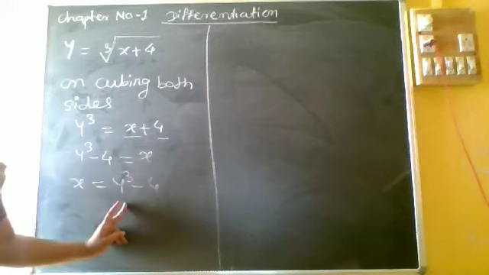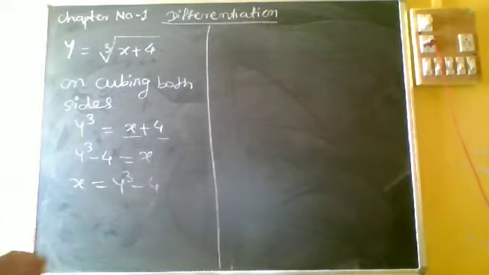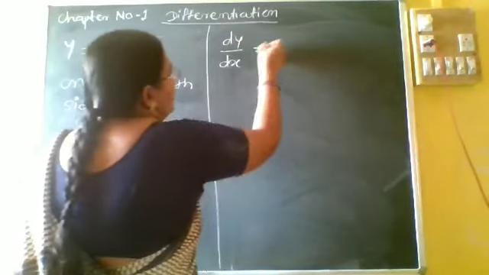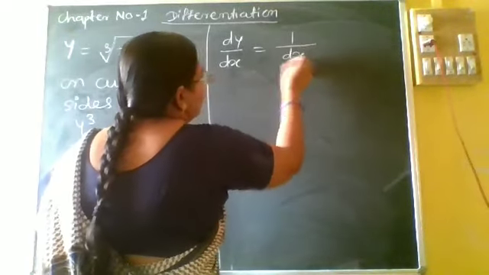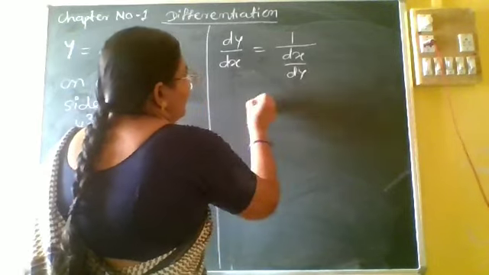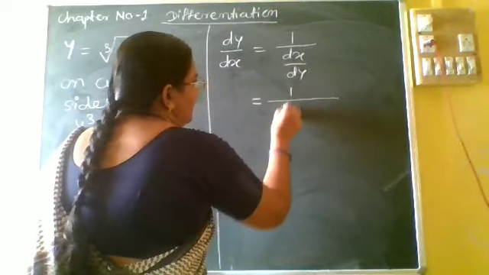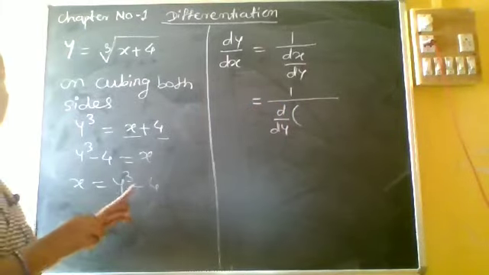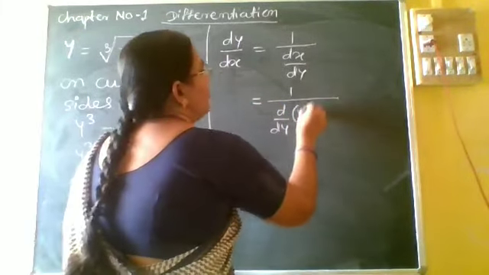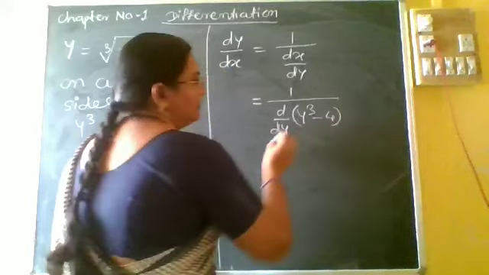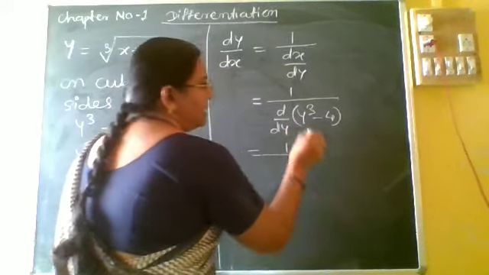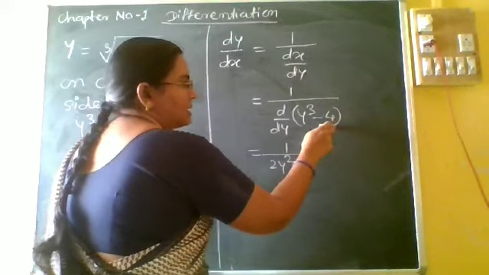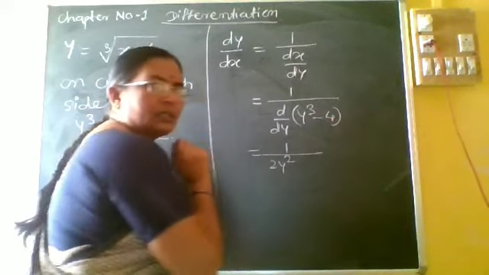Taking the differentiation of this, we get dy by dx is equal to 1 upon dx upon dy, which is equal to 1 upon d by dy of x. What is x here? y cube minus 4. The derivative of y cube is 3y square, minus 4 is a constant, therefore its derivative is 0.